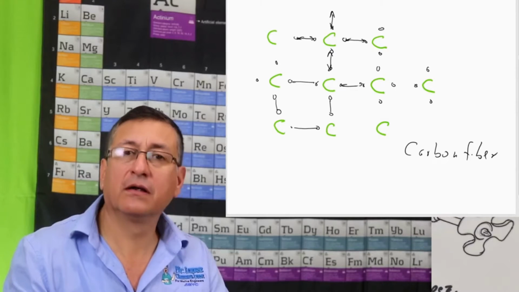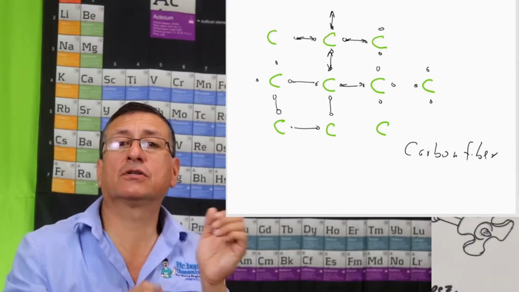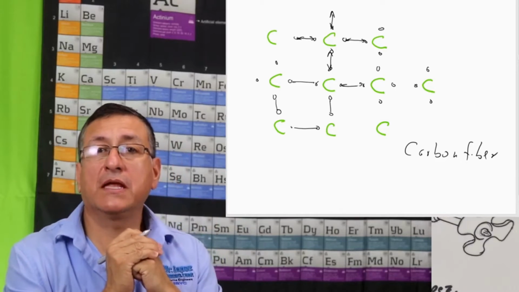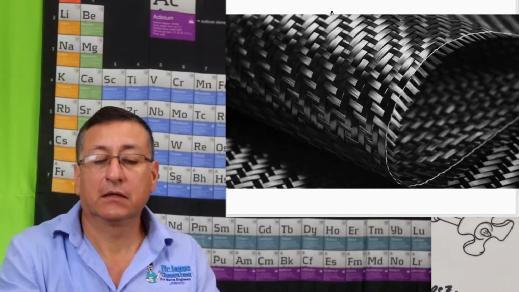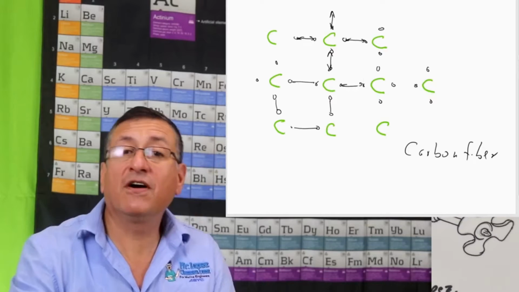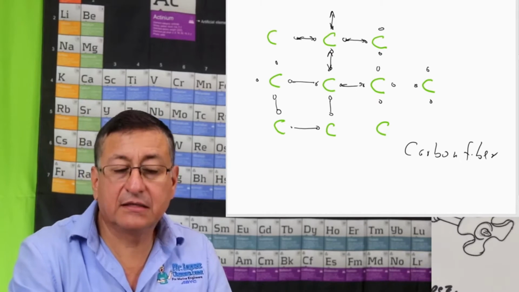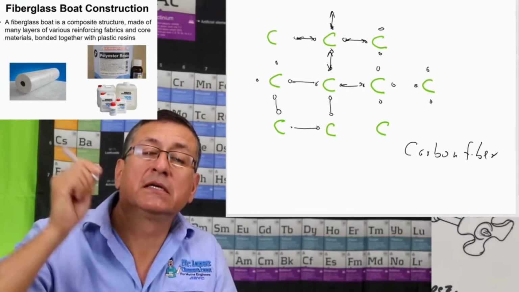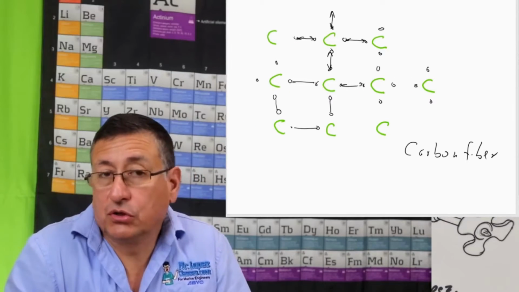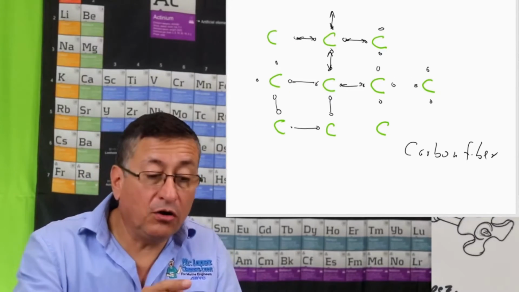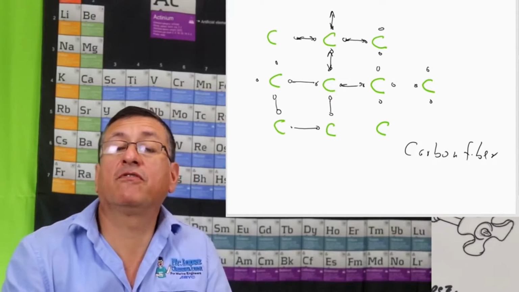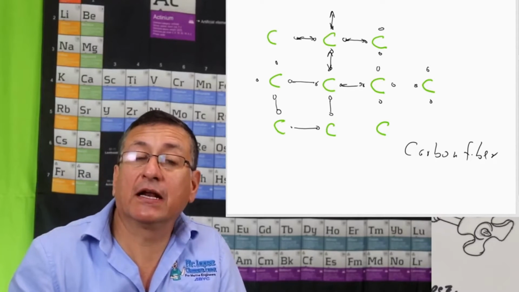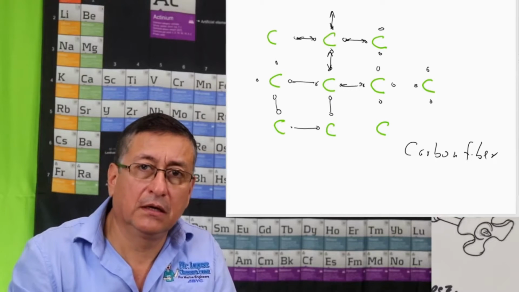The fiber in the carbon fiber structure is pure carbon. The mat is that. In fiberglass, the fiber is this mat, and it is also a perfect structure. The only difference between carbon fiber and fiberglass is the resin.